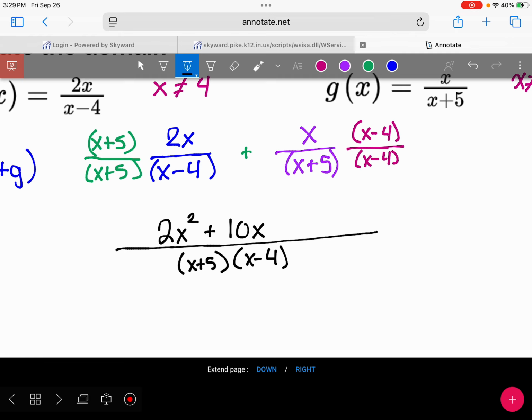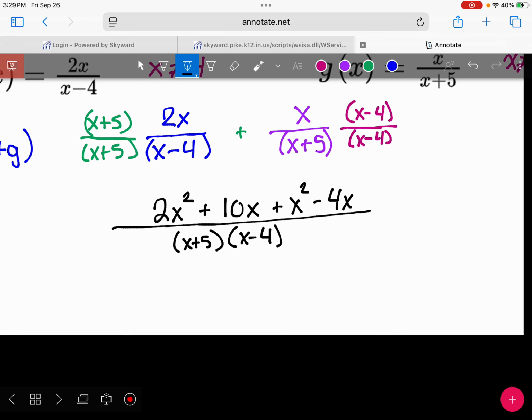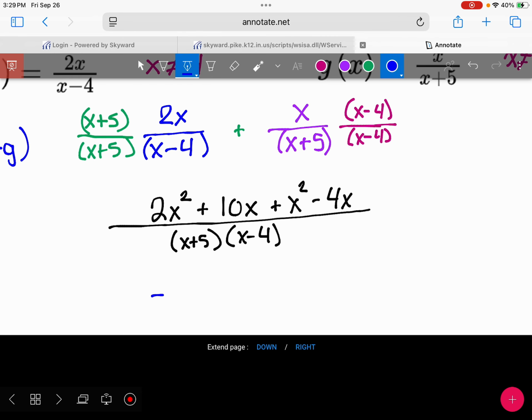Then on my other fraction, we have x times x giving us a positive x squared, and x times minus 4 giving us a minus 4x. So again, that's something we can simplify. We're going to wind up with a 3x squared plus 6x over our x plus 5, x minus 4.